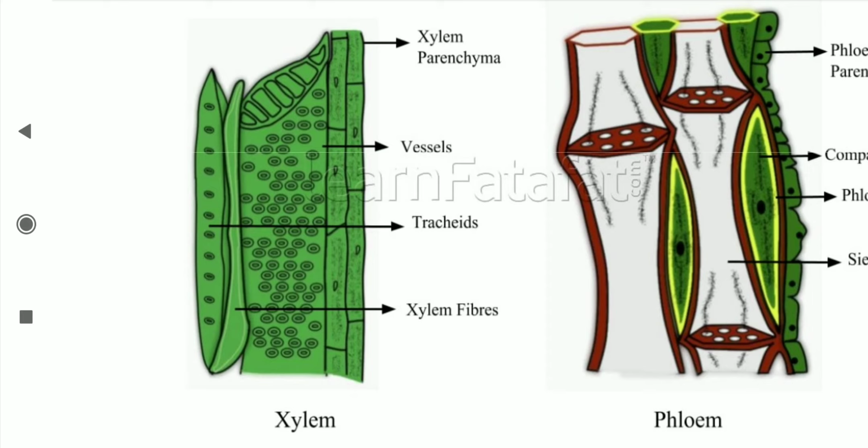Out of these 4, only xylem parenchyma is living. Children, do you remember you have learnt about parenchyma cells? So this parenchyma cell in the xylem is living. This helps in lateral conduction. Lateral conduction is clear? Conduction means allow to move.